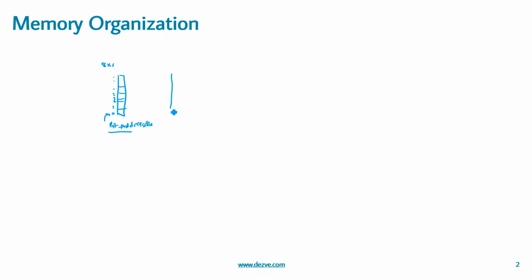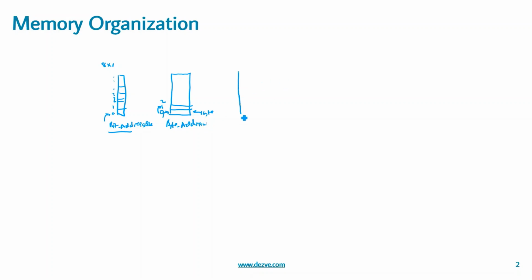Now similarly, I can have each address indexed into a byte. So this is basically 1 byte. Then in that case 0, 1, 2, any address increment can index one particular byte. So this is called byte addressable memory.